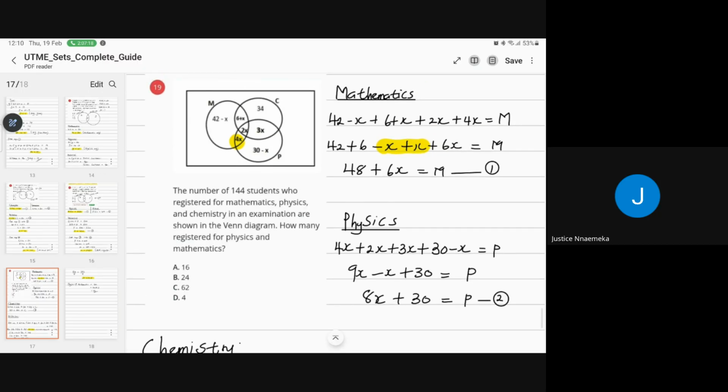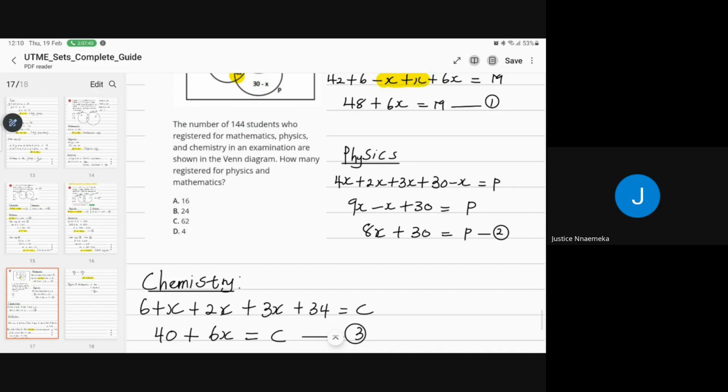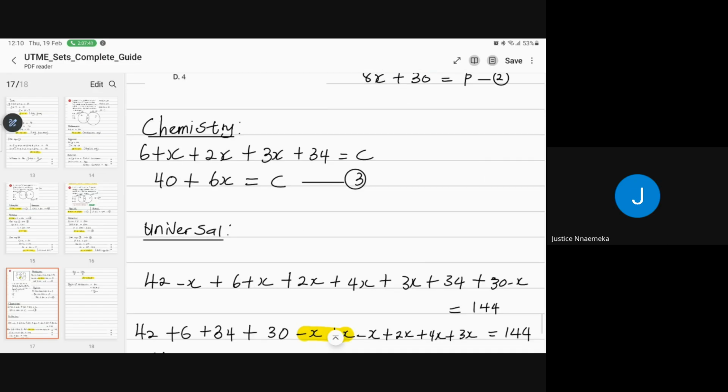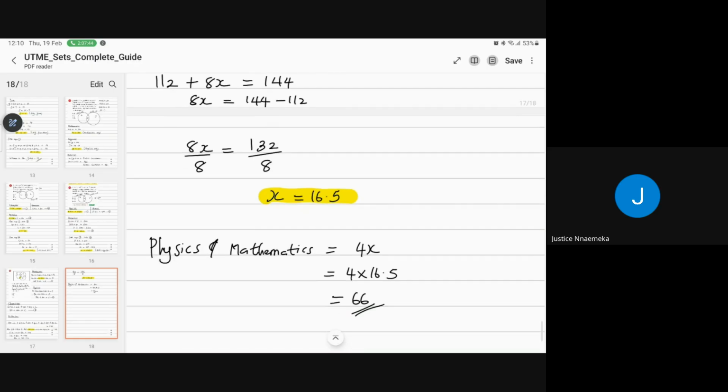This one is maths and chemistry. Is there a problem with our value of x? We're having 66 for maths and physics, which is 4x, where x equals 16.5.